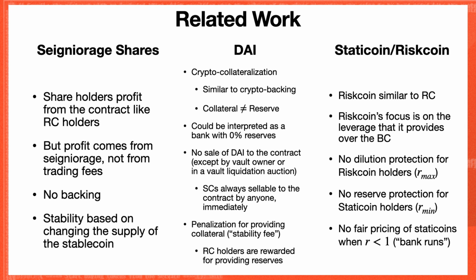So this means that there can be bank runs. If the reserve ratio falls below 1, then the StatCoin holders can run to sell their StatCoins back to the contract, and the ones who manage to do that first will get more base coins than the later ones.